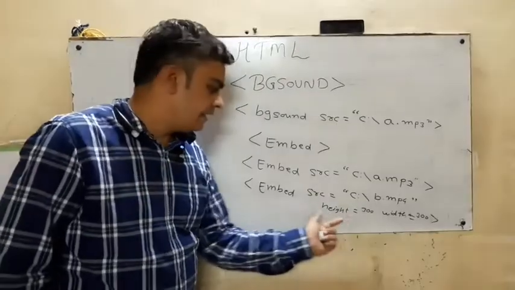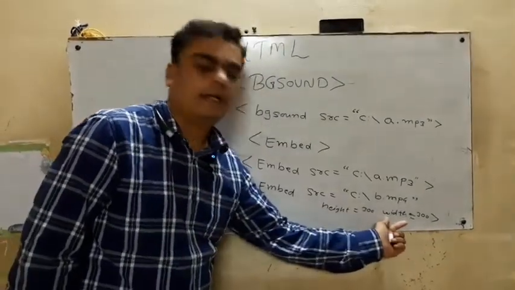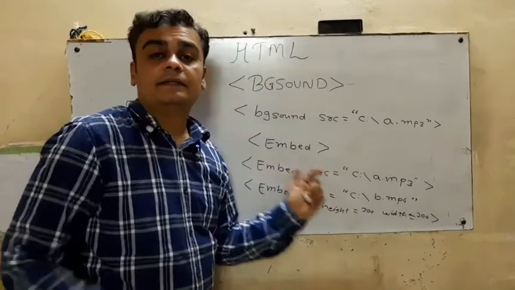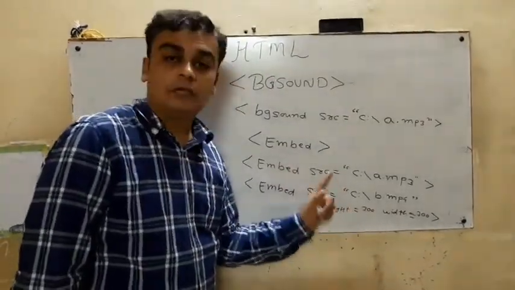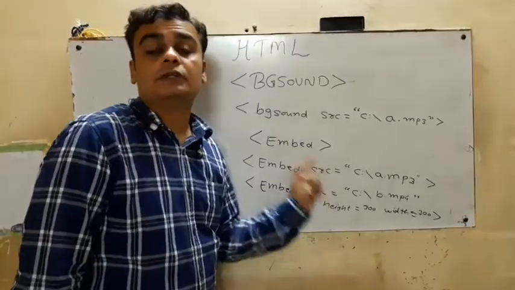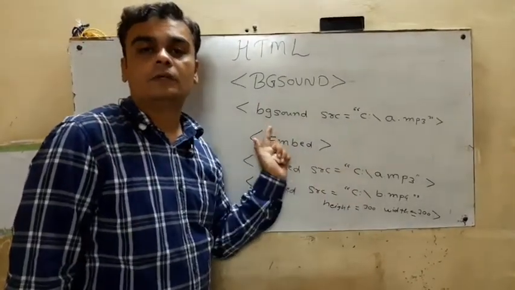In this case we mention the height and width attributes to display the actual size of the video. Whenever I double click on this video, it will occupy the full screen mode of your screen.